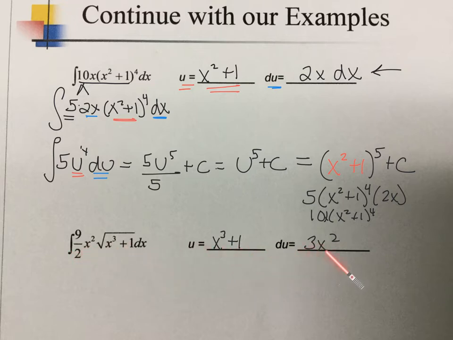And is the du in there? I need to be able to take that and break it apart. So I'm going to say 3x squared is in here, because I can take 9 halves and change it to 3 halves times 3x squared times x to the third plus 1 dx.